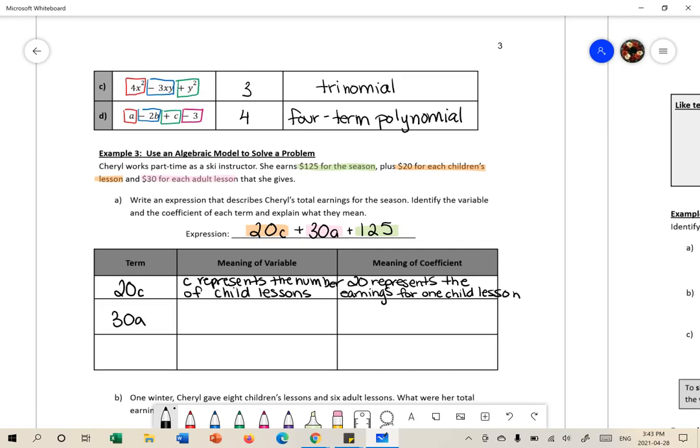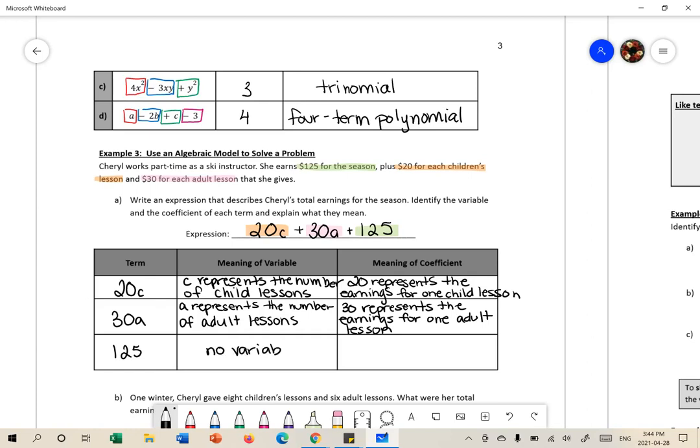The variable A represents the number of adult lessons. And the coefficient, 30, represents the earnings for one adult lesson. Finally, we have our constant term. There is no variable in this term. The constant represents the fixed earnings per season.